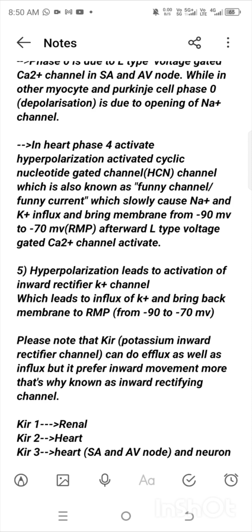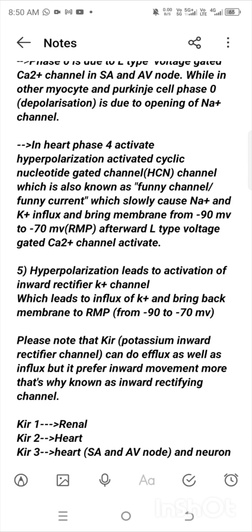After reaching RMP, L-type voltage gated calcium channels are activated, causing depolarization. This potential is known as the pacemaker potential.